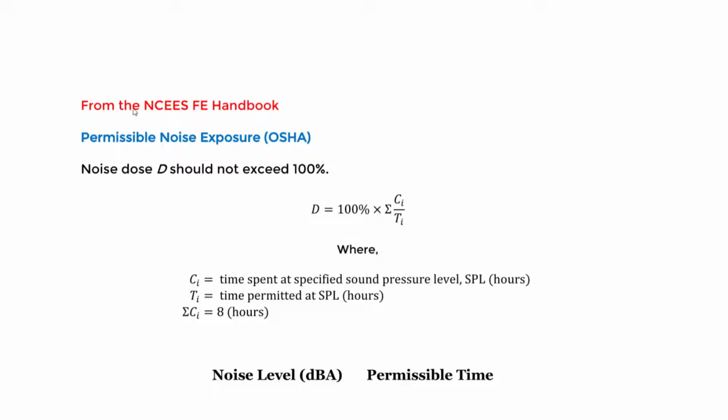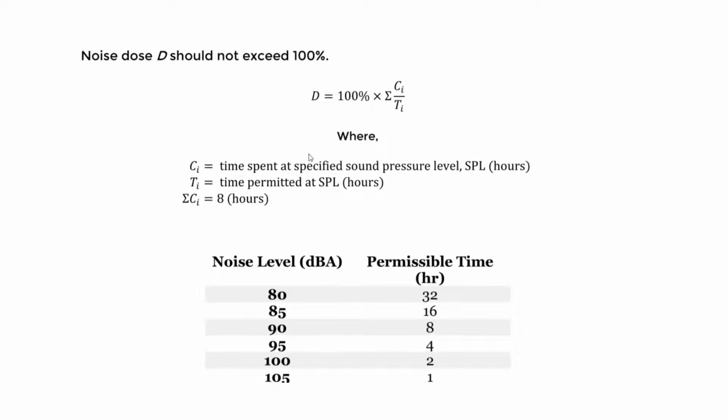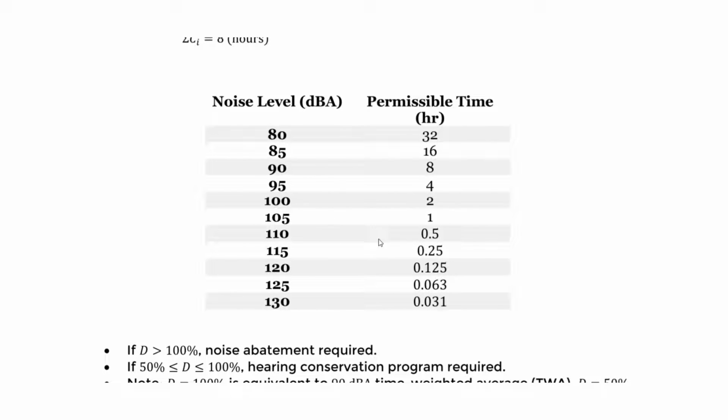So we know this is in the NCEES FE Handbook, and what we have going on is this table. The table is important because it gives us the noise level and the permissible time. For example, for a 95 noise level, the only permitted time we have is 4 hours.